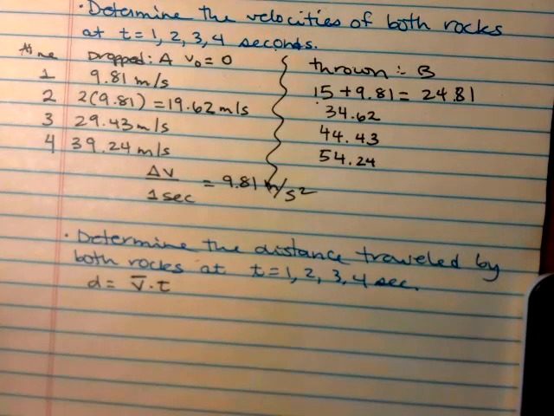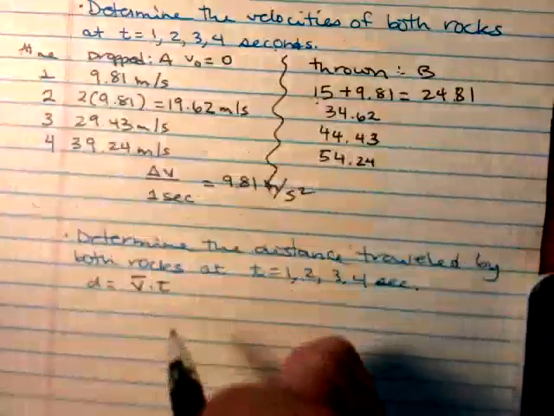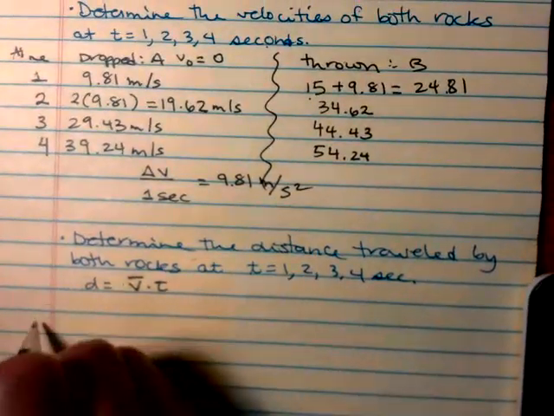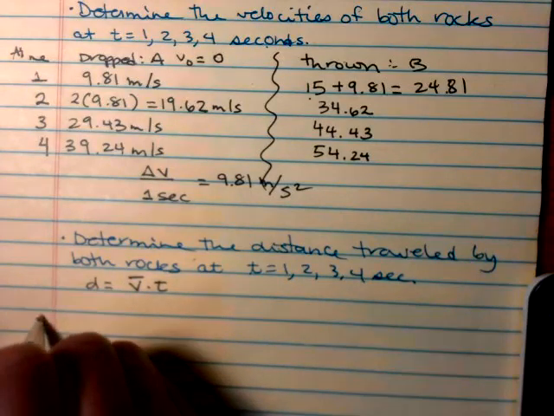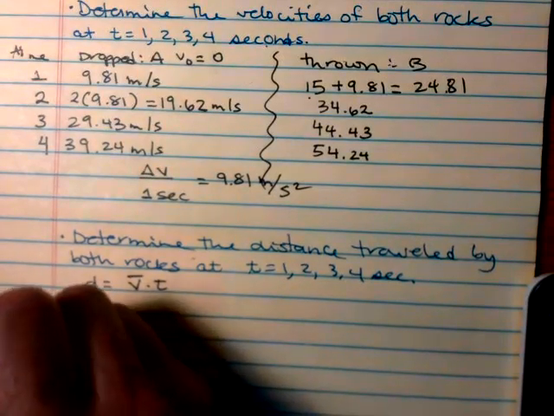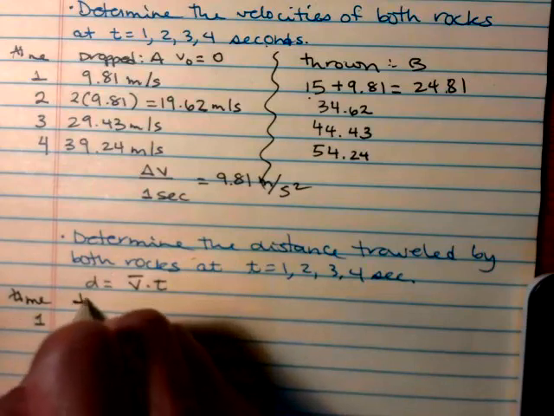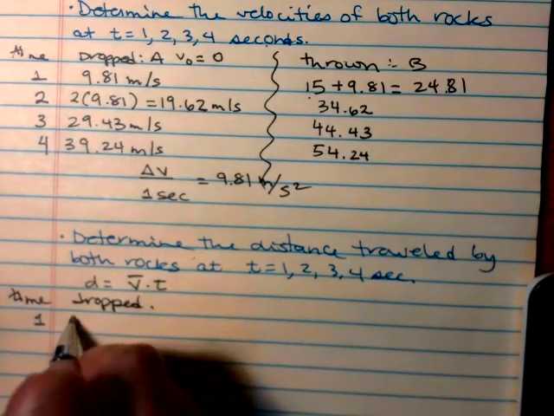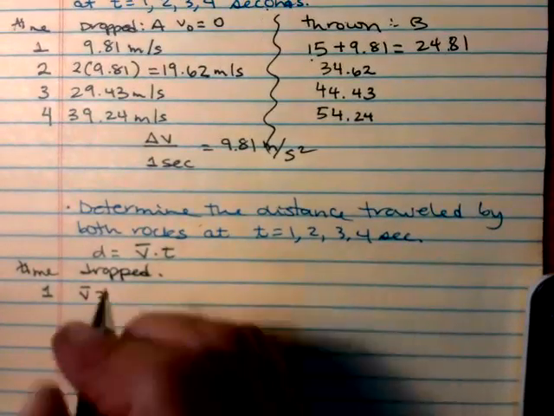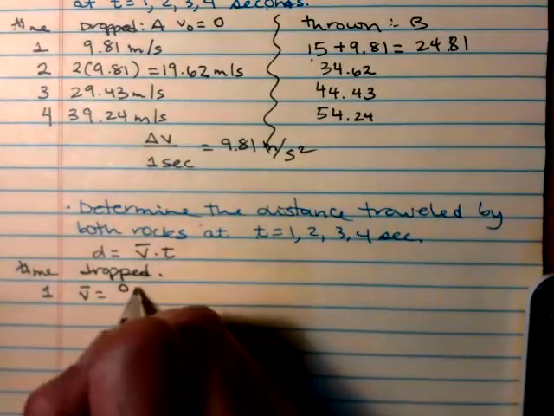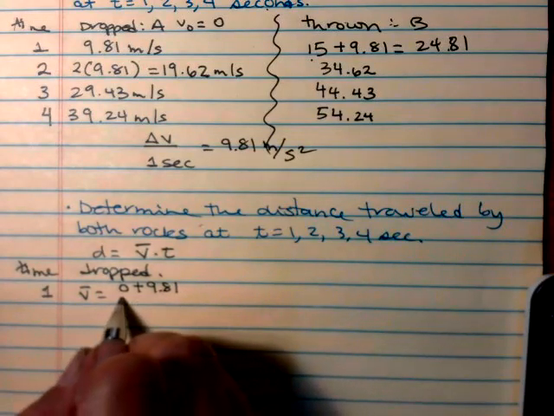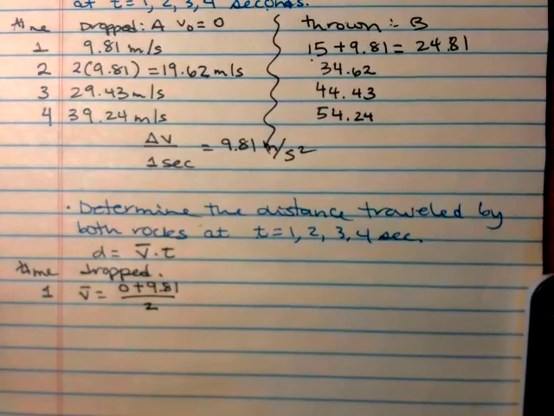In fact, let's just do that. Let's do it a couple of times, and then we're going to make a great big old assumption here. So at the end of the first second for our dropped ball, the average velocity is going to be the initial 0 plus the final at the end of that second, divided by 2, just averaging those two numbers.